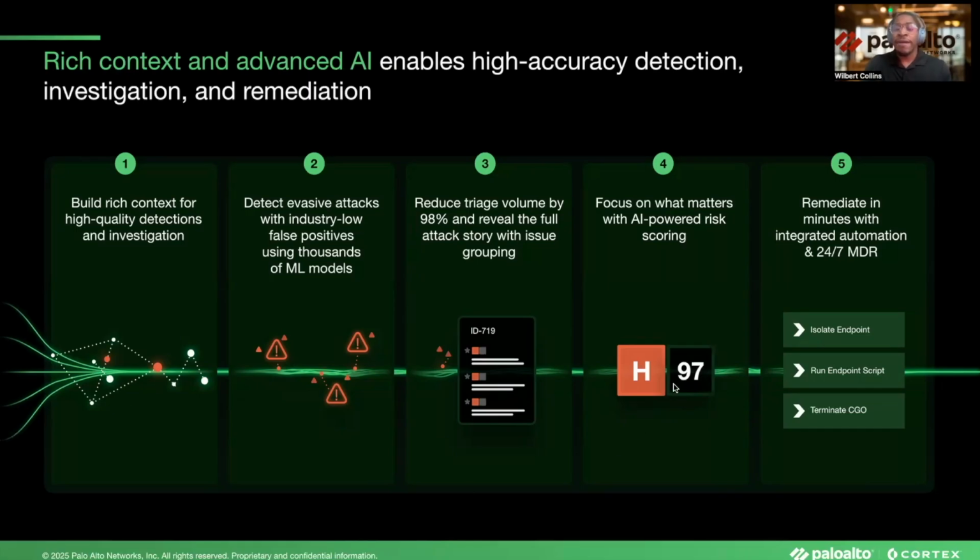So the AI smart scoring that I talked about here, this is where that's speaking about that, as well as remediate in minutes with integration automation and 24/7 MDR. So I will talk a little bit about our MDR solution if you want to manage it yourselves or you want to delegate that task to another team that is in partnership with you for monitoring your endpoint solution.